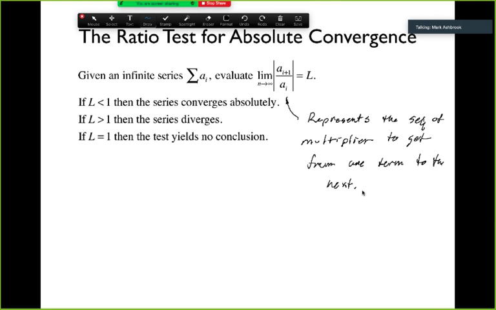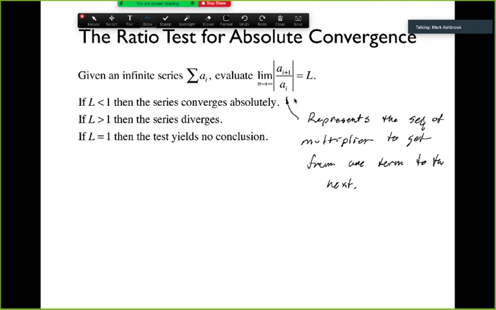Here, we're taking any sequence and building a new sequence of multipliers, and those could change. What you need to multiply to get to the next term will change if it's not geometric. So then we look at the limit of that sequence.